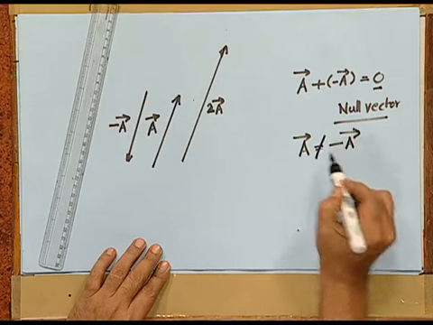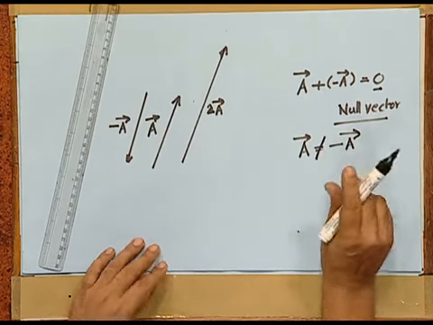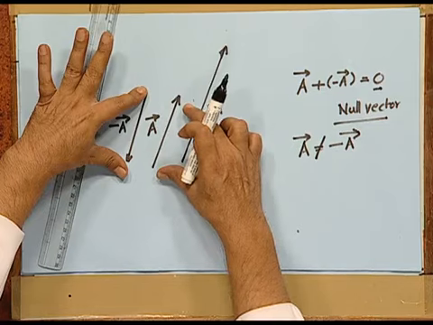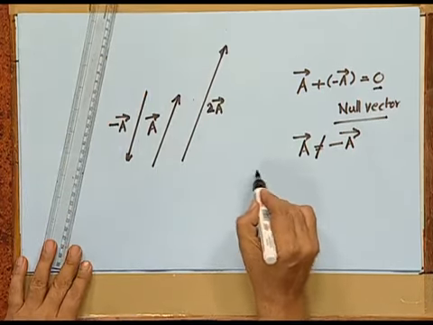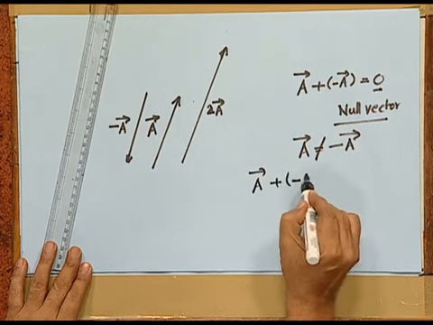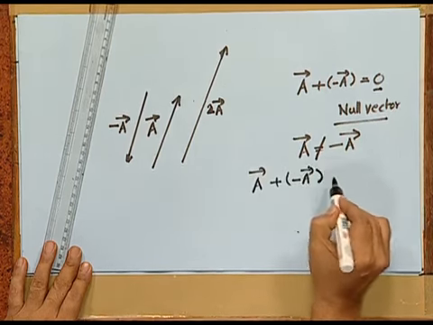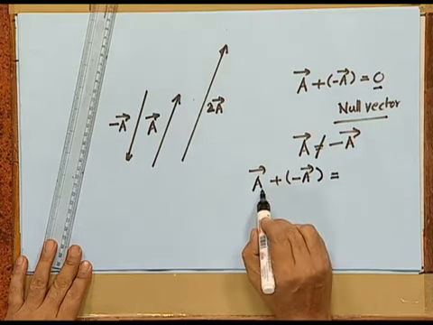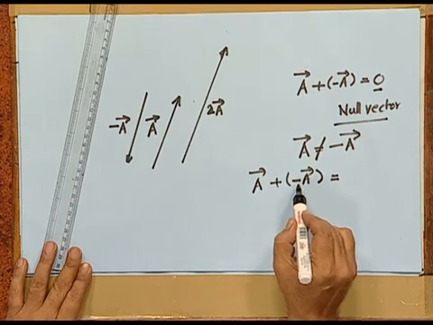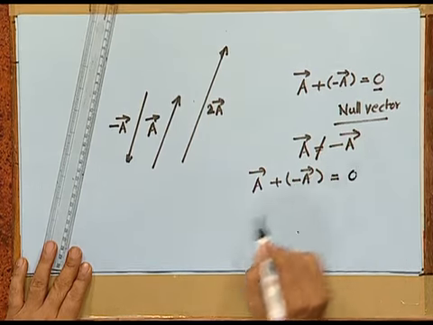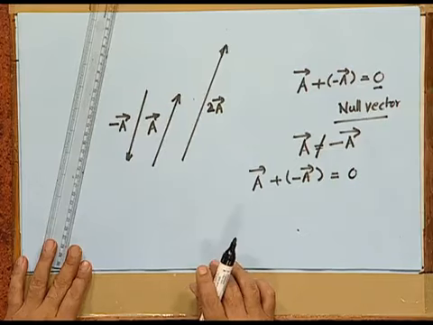A not equal to minus A means A and minus A are opposite, but when you say A plus minus A is 0, that is how the negative of a vector is defined, that is multiplying a vector with a scalar, minus 1, then A plus minus A is 0. We call that a null vector. Null vector has 0 magnitude, direction is not very specific.